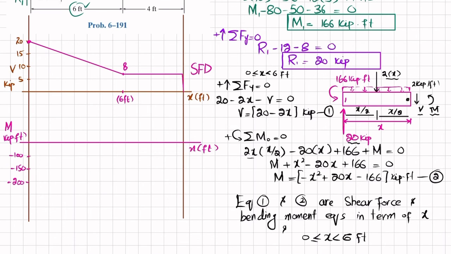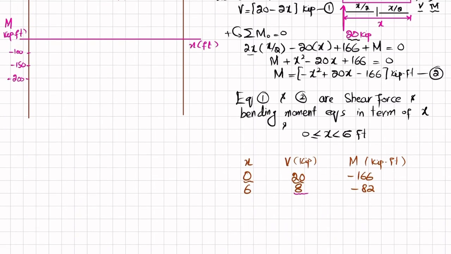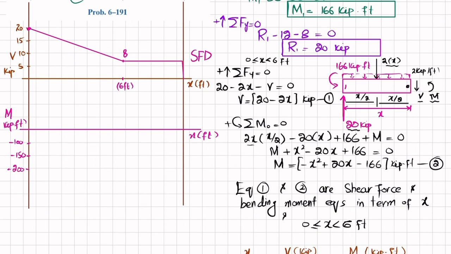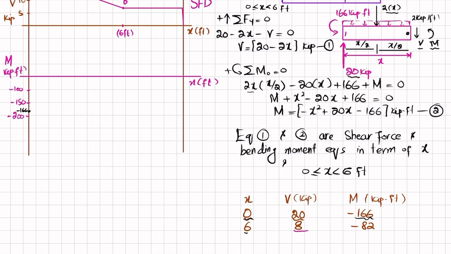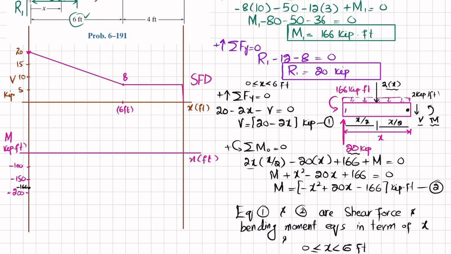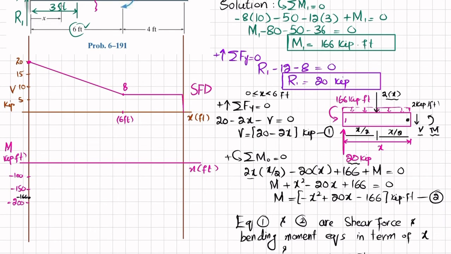So for x is equal to 0, we have moment is equal to minus 166. Let minus 166 be this point. And for x is equal to 6, we have moment is minus 82. So let minus 82 be this point, minus 82 kips into feet.